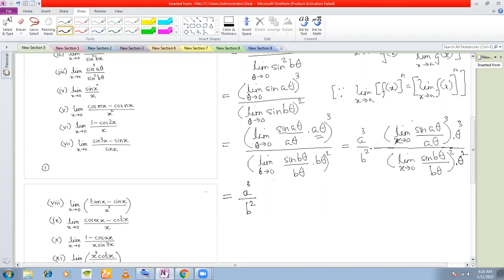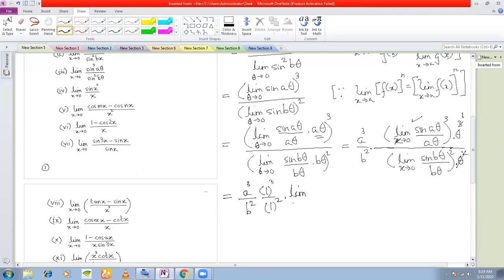Now if you see this limit here is equal to 1, we will write 1 cube divided by 1 square, right? And because theta is a variable, this limit is carried forward here. You see this cancels here, only power 1 remains.